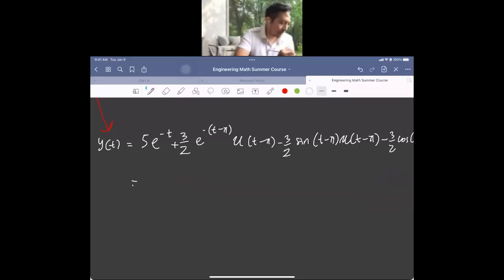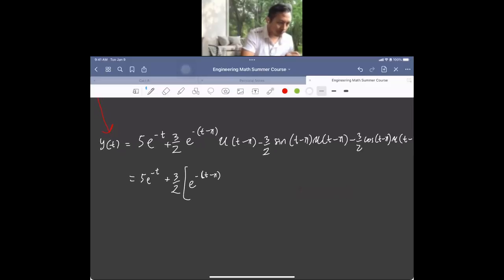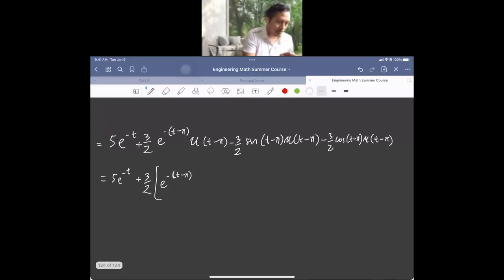We can write it more clearly and maybe take this 3 over 2 outside. And then we can use some trigonometric values for sine (t minus pi) and cosine (t minus pi).